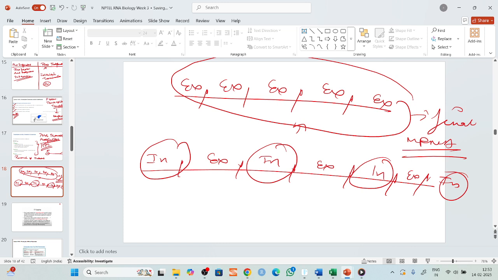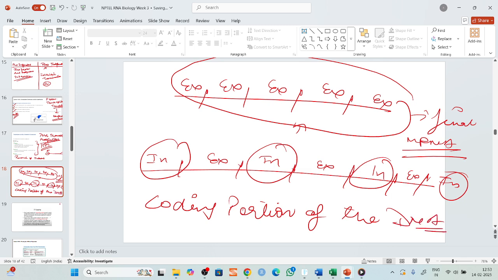Now comes the question of why these introns need to be removed. These introns need to be removed because your RNA only has the coding portion of the DNA. What does it mean? Only that portion is present which is responsible for the synthesis of proteins. These intronic regions are not responsible for the synthesis of proteins.